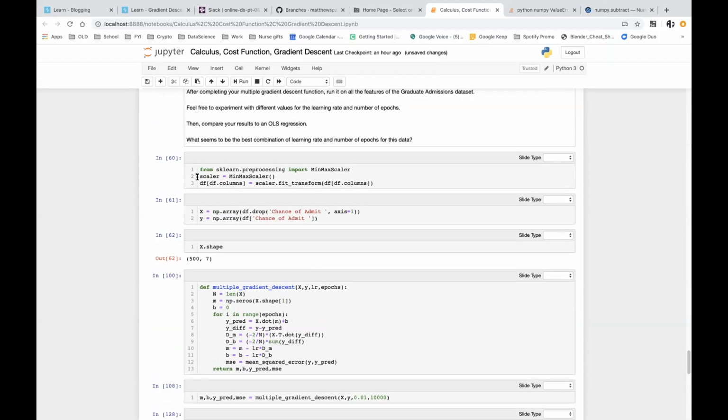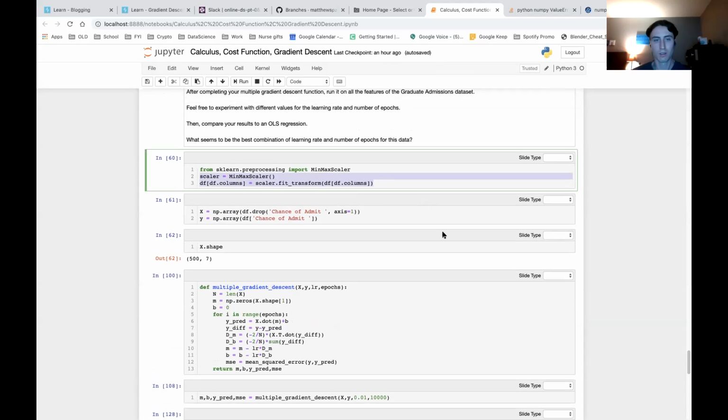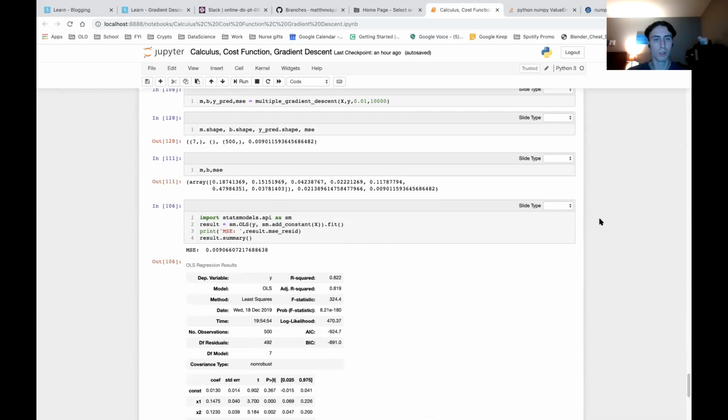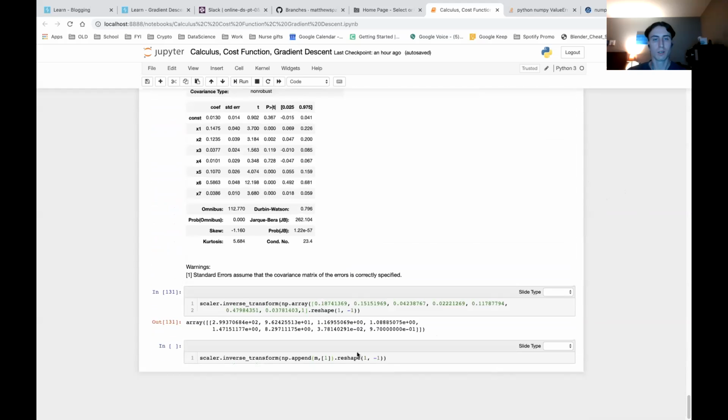I just set it up like this. Is that what everyone else has? Yep. So maybe try running that again, the scaling, and then try the inverse again, directly after, if it's not working.